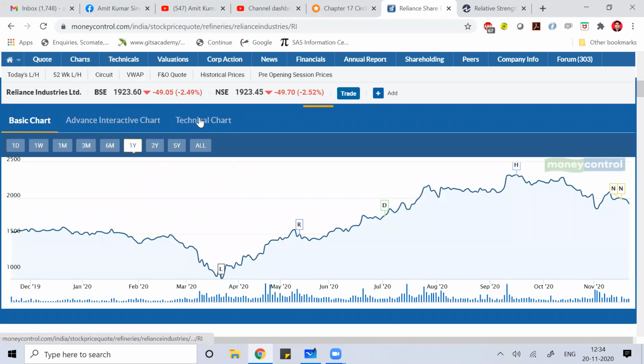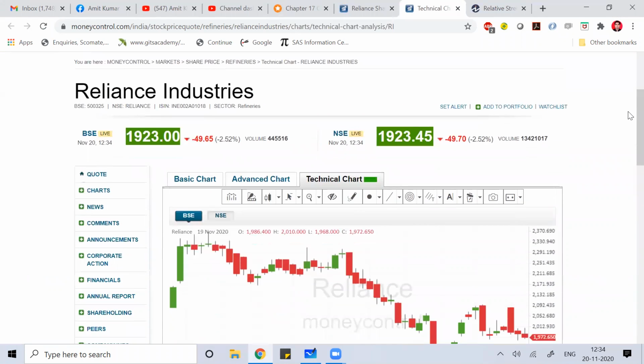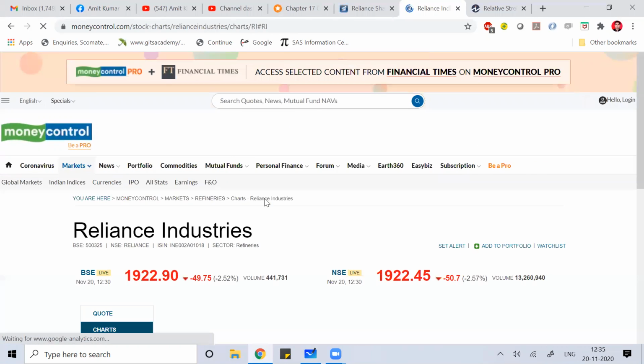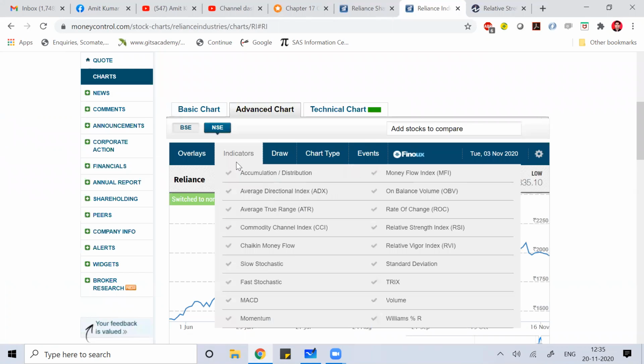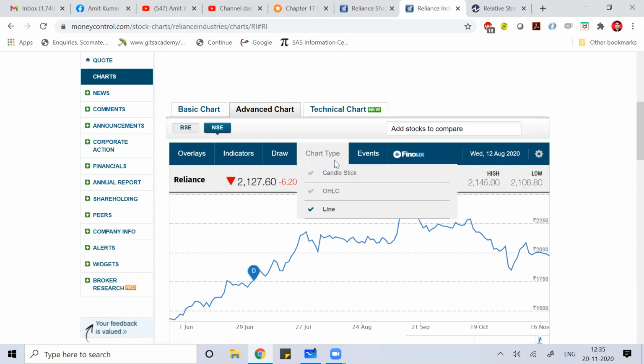Now here I'll go to technical chart, and under technical chart you can see this advanced chart. Here you can see the movement. This is a line diagram of Reliance. Talking about the chart, you can draw a candlestick, open high low close, or line chart.